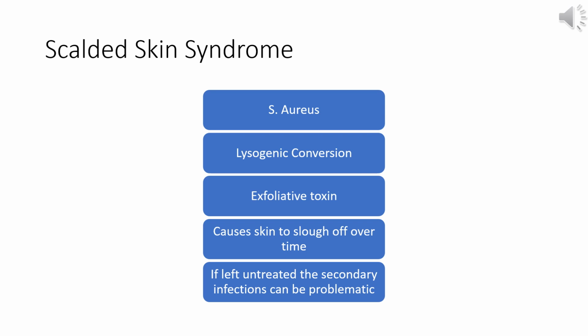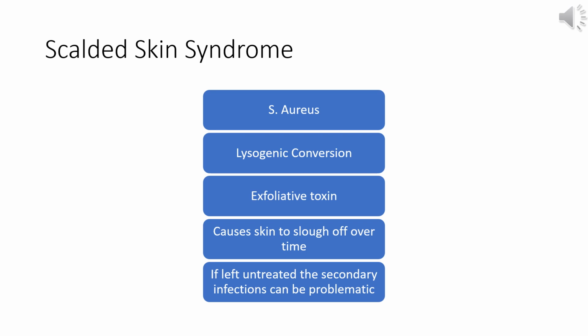The first example I have after following this aureus is the scalded skin syndrome. This is most commonly found in newborns. So this is due to during childbirth, the baby passes through the vaginal canal.